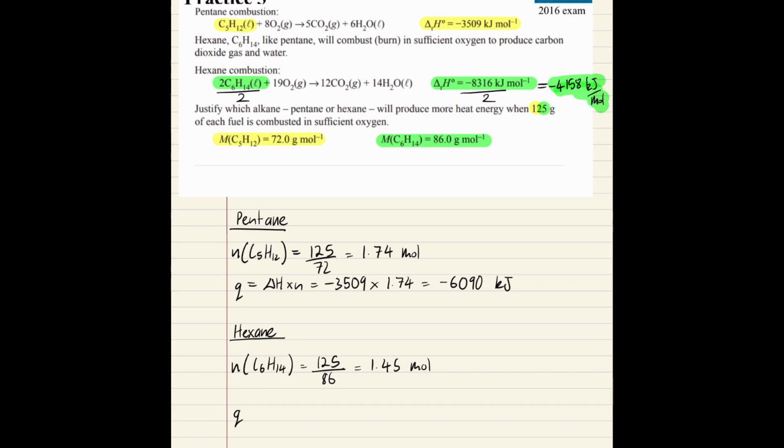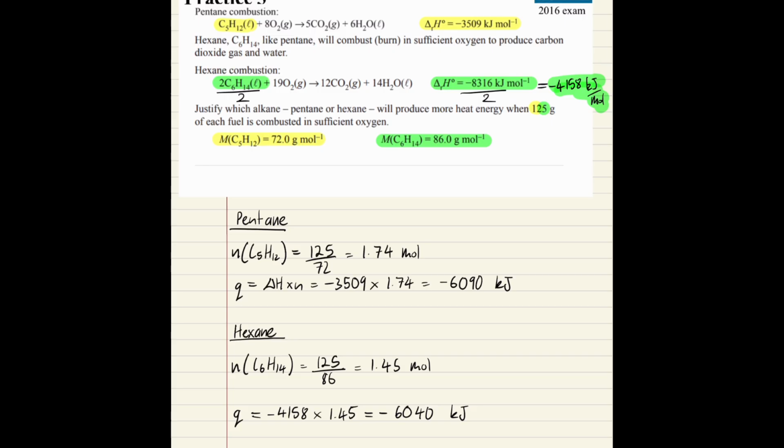But you'll also see that it's got a much larger delta H value. So -4158 times 1.45, but we're using the whole unrounded value in our calculator, is -6040 kilojoules. So it's pretty close, right?